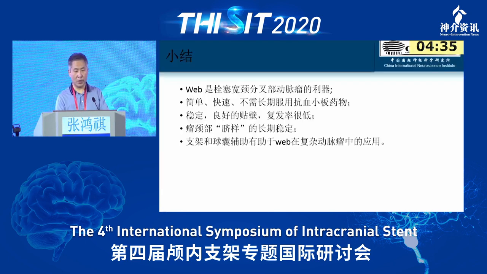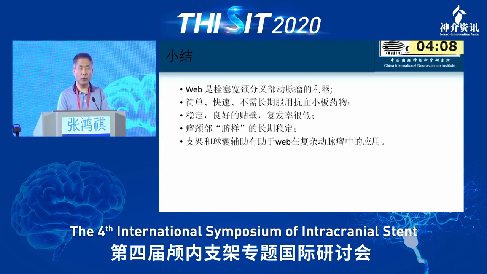We have found the WEB is convenient to operate. The WEB has achieved a good result. Based on our experience and the data, like I said, we had 60 cases. The WEB is very good for bifurcation aneurysms, and it's very easy to operate.